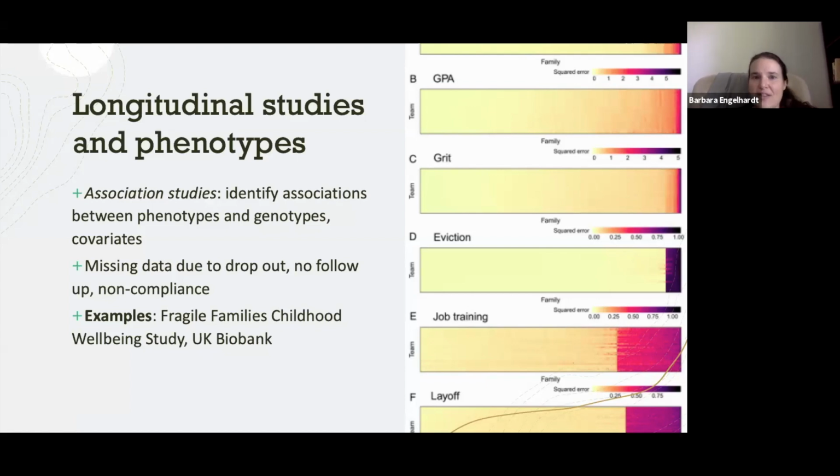Some samples of this that I've worked with are the Fragile Families Childhood Wellbeing Study, which we're going to talk about in a little bit, and also the UK Biobank. UK Biobank, for example, has 500,000 people, and really at this point, they're only followed up 7 to 10 years after they were initially looked at if they end up in the hospital, which is not a great reason to be followed up. It means they're generally more sick, so the healthy people aren't followed up with.